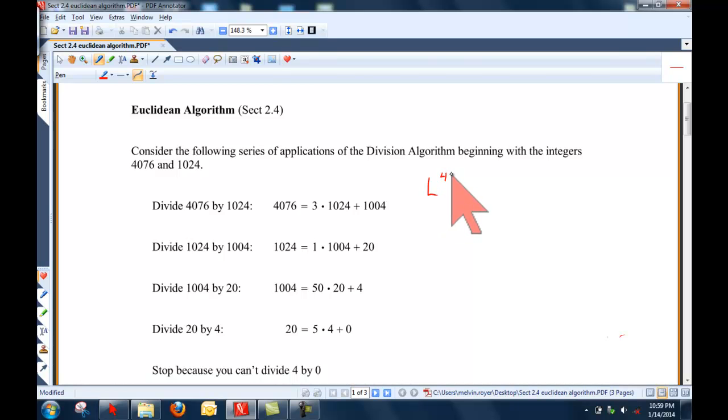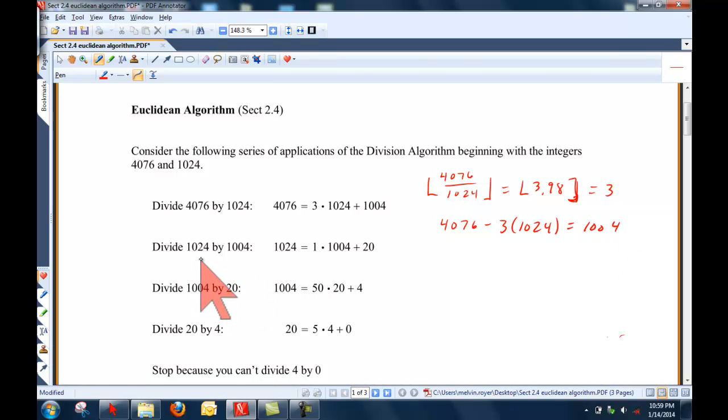You've probably figured this out and are already using it, but 4076 divided by 1024 on a calculator, take the floor. This is the floor of 3.98, which of course is 3, and then to get the remainder, 4076 minus 3 times 1024 is 1004.